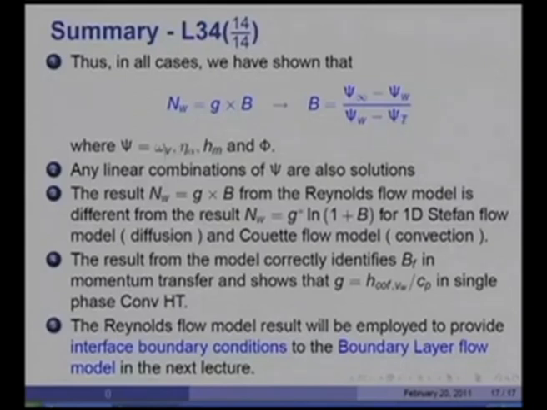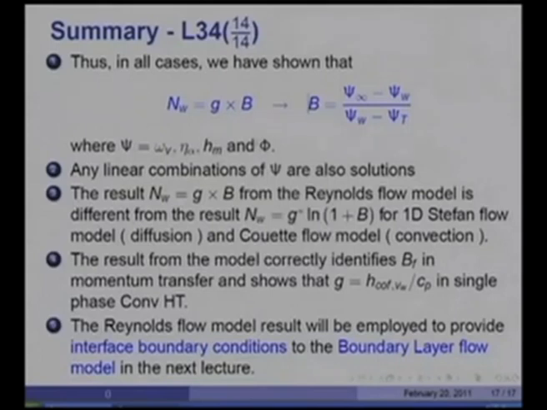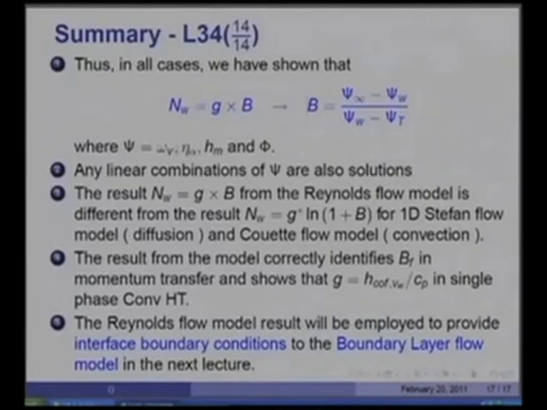Psi can be omega V, it can be element fraction eta alpha, it can be mixture enthalpy HM, or it can be an appropriately defined phi from the participating species. Any linear combination of psi's are also solutions. So, we can add any of these types of psi for our convenience.